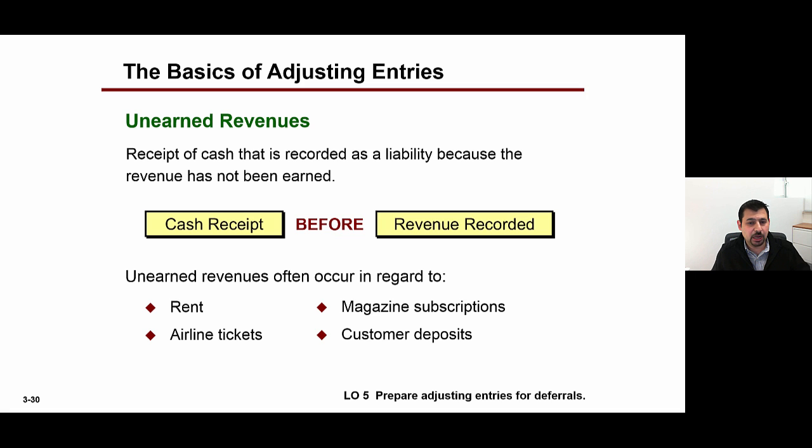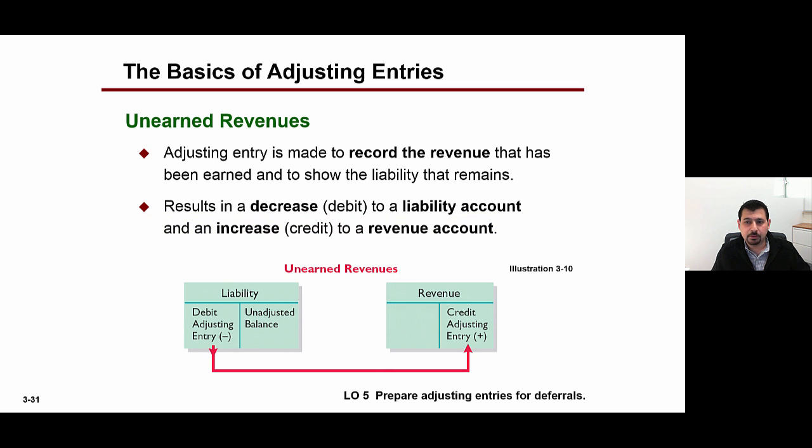So unearned revenue for the supplier is actually prepaid expense for the customer company. And the way we do that, we said that with the original entry, we had an increase in liability. That was unearned revenue.